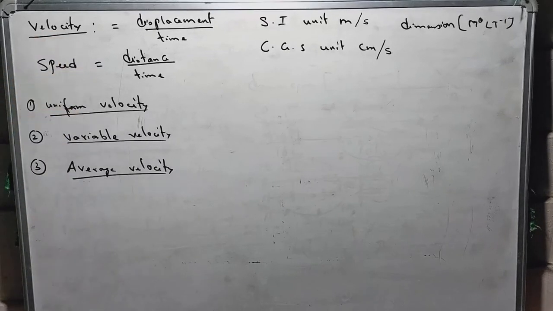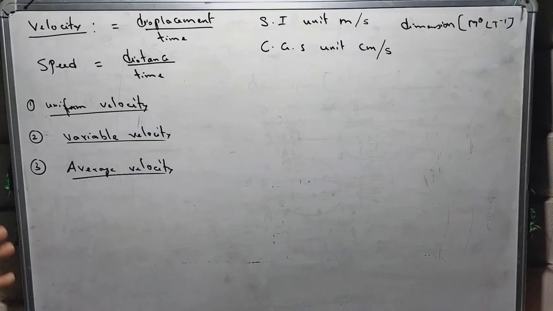But if you say the velocity of a car is 40 kilometer per hour, then that is the speed only, because velocity should have a direction. So when you say the velocity of a car is 40 kilometer per hour towards east or towards west, in any specified direction, then that will give you the complete meaning of velocity.